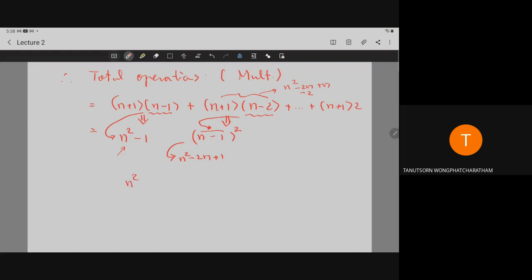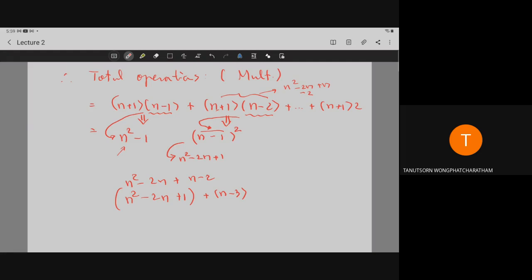So if I write n square minus 2n plus 1, and plus n minus 3, right? Let's see.